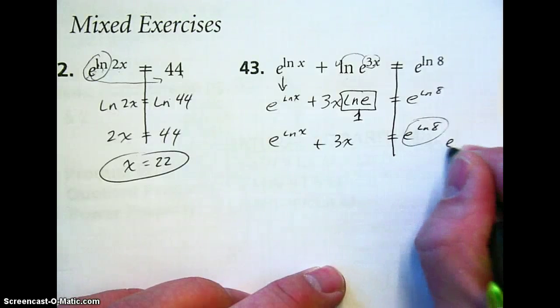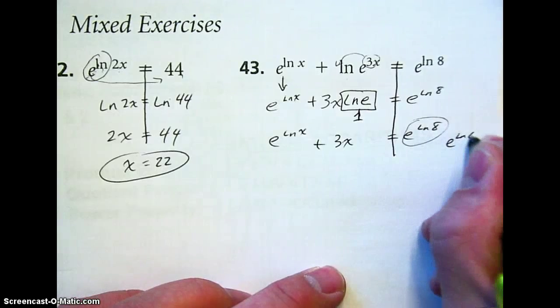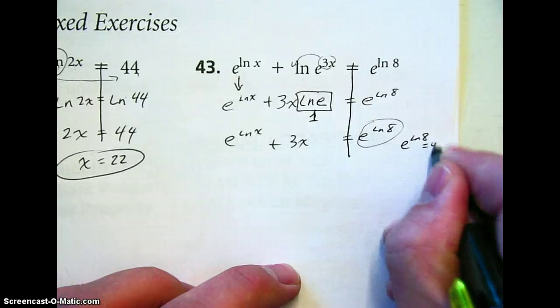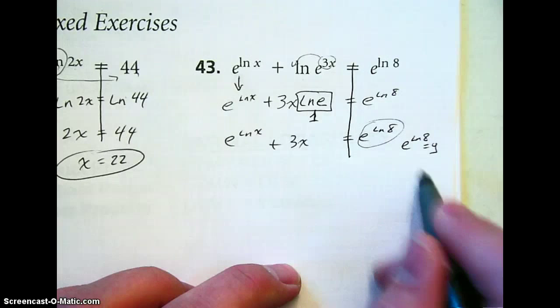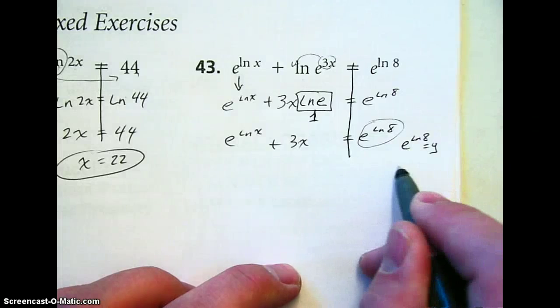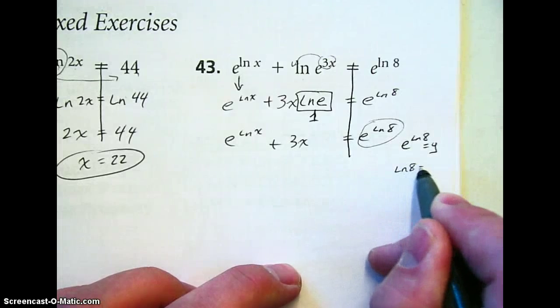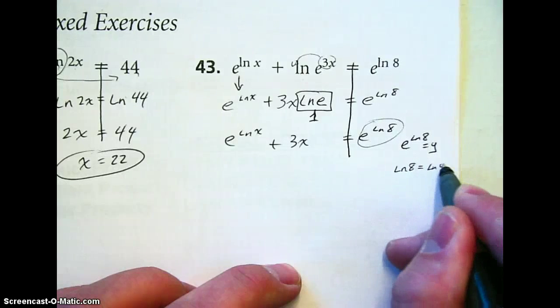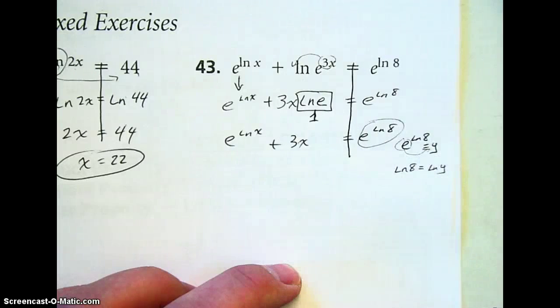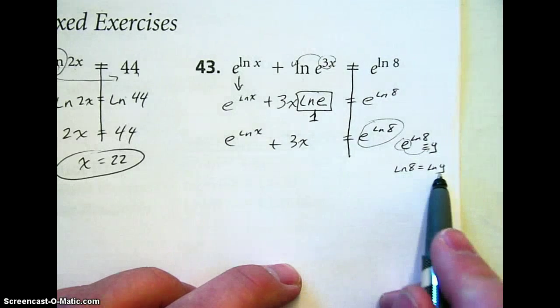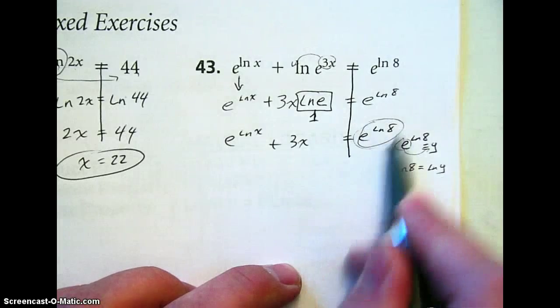Let's say that e^(ln 8) equaled y. You guys with me? We're just doing a separate problem. If that was true, that would mean ln 8 equals ln y. Is that correct? True. And we bring this e over and write it as a log. So what does y equal? 8. Yeah, this whole thing equals 8.